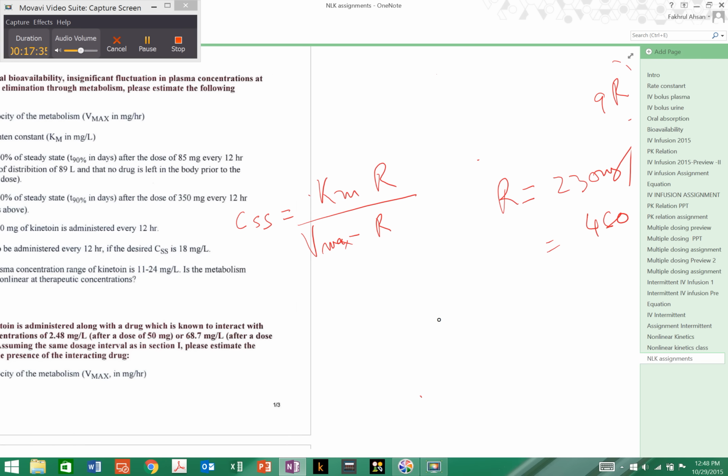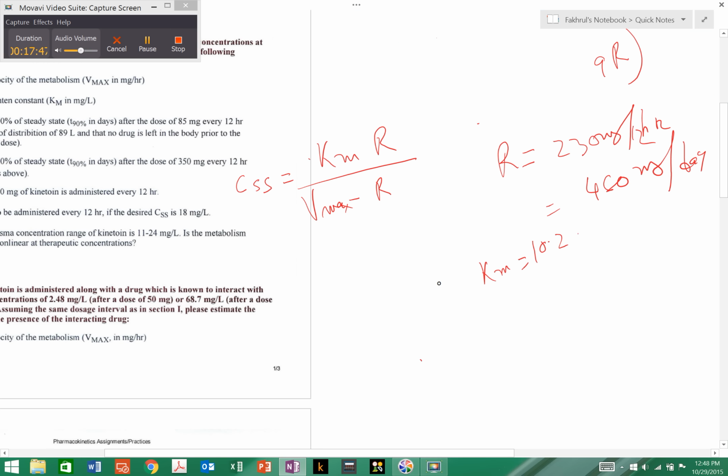And also you already know your Km is 10.2 milligram per liter. Your Vmax you already know, which is 932.2 milligram per day.